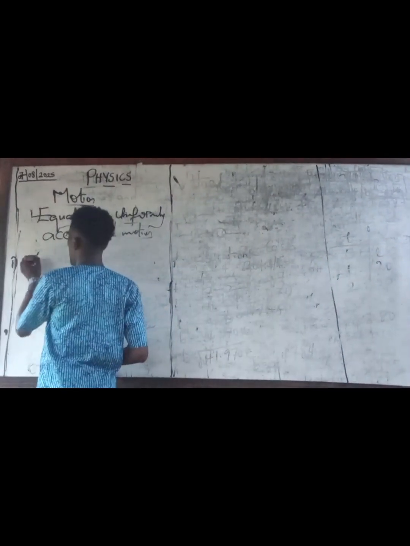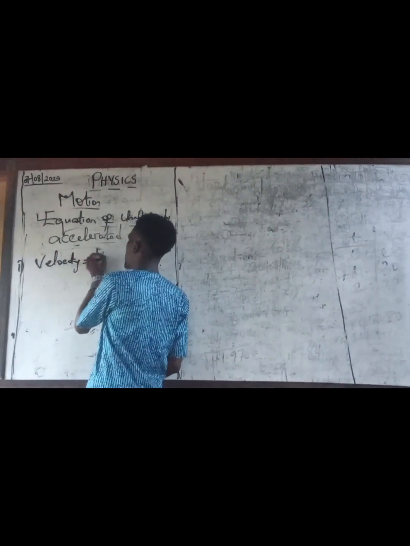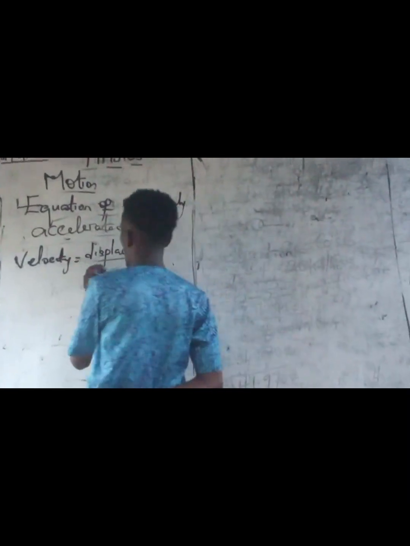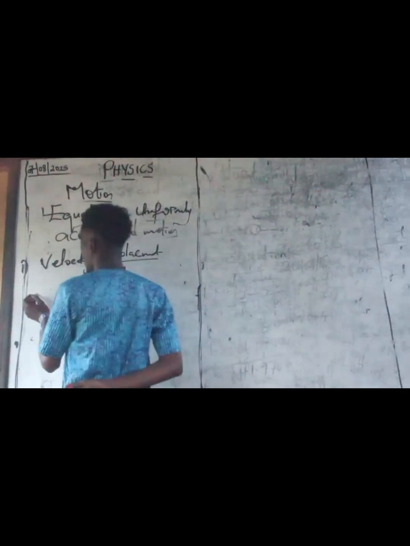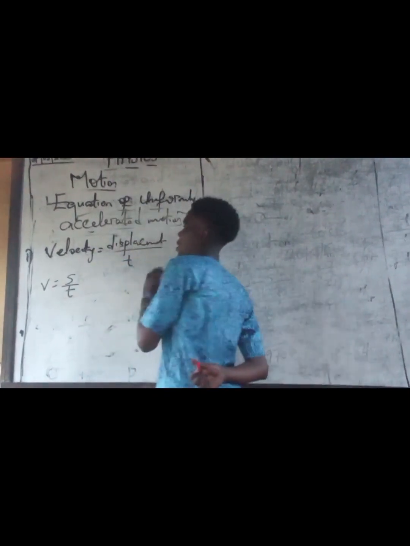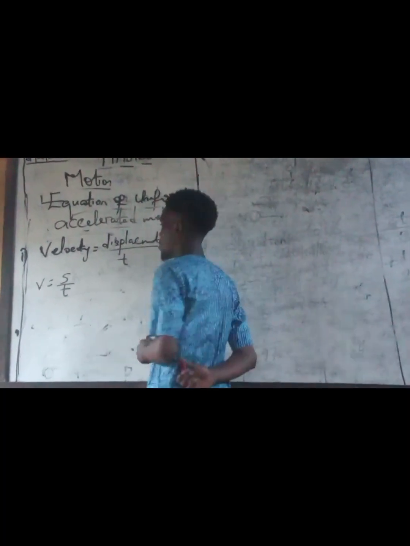We say velocity, which is v, is equal to displacement over time. So most times it's usually written as v is equal to s over t. S usually is used to represent displacement or height or distance.